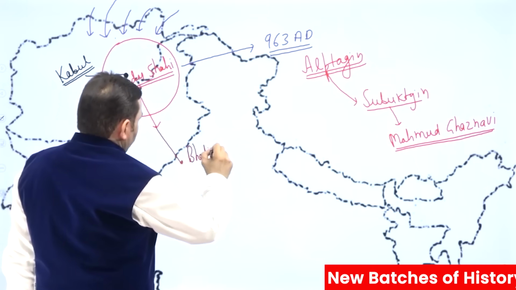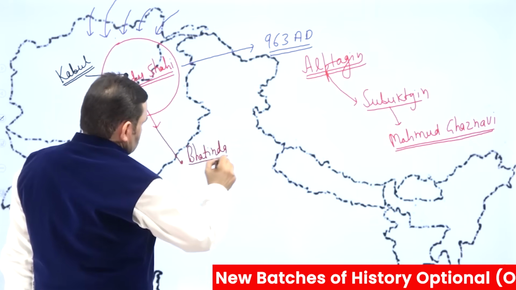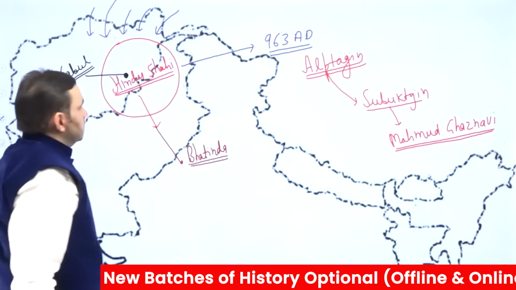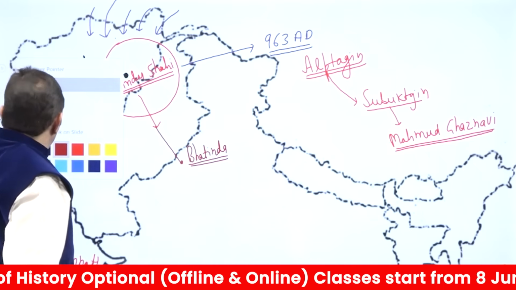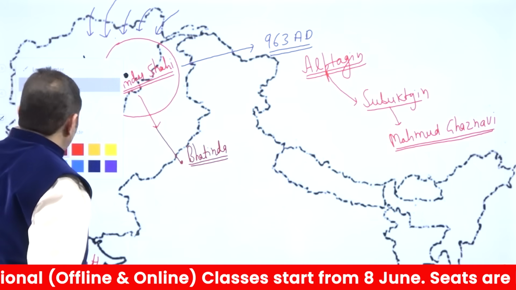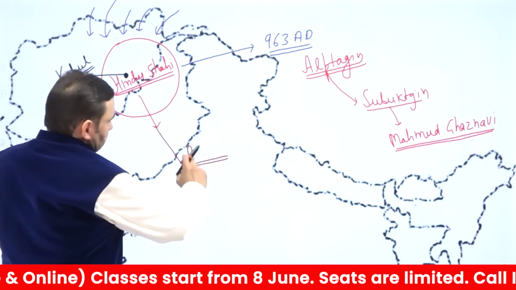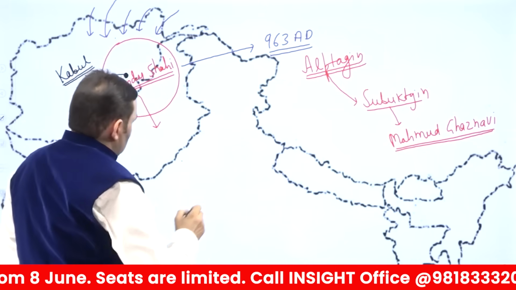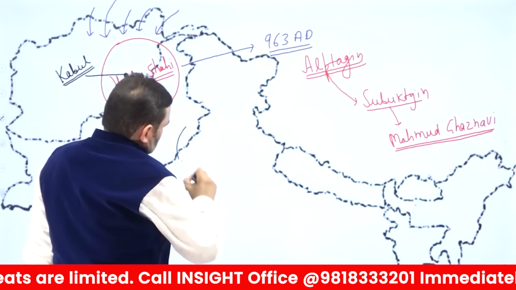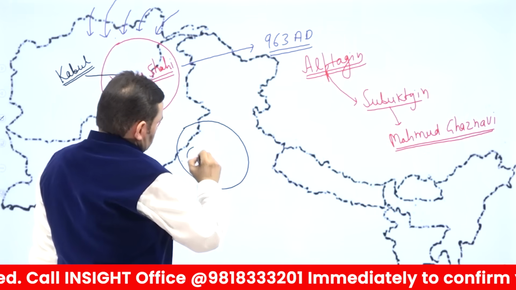Bhatinda in the Indian side of Punjab was the last capital. Then if you look at the condition of other dynasties, so this you should remember. The Chauhans of Delhi, Ajmer.